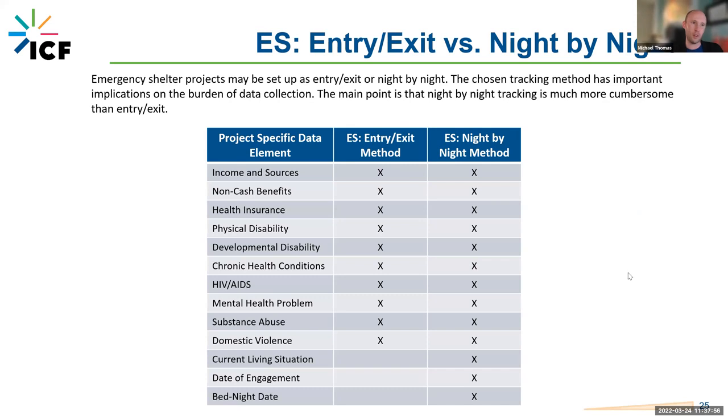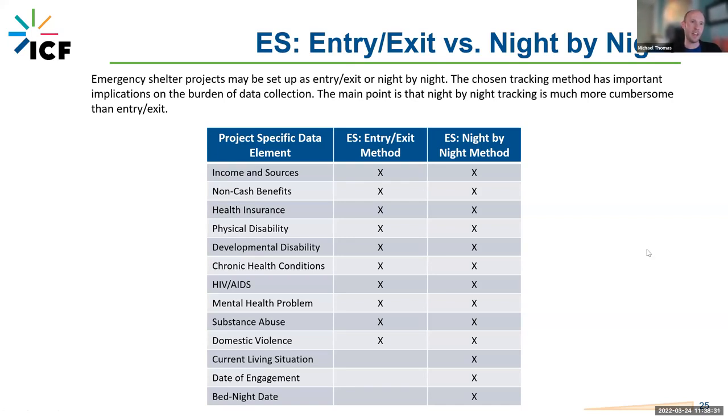So when we talk about current living situation, the reason that is hard to do is because the expectation there is that a shelter records every contact made with the client. And the contact is defined as an interaction between a worker and a client designed to engage the client. So if they're just showing up to the shelter and they check in with the person at the front, that's not a contact. But if a caseworker talks to them, if someone provides them a service of any kind, all of that is required to be reported under that data element.